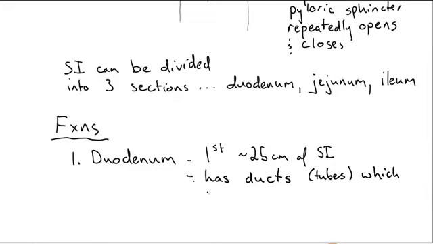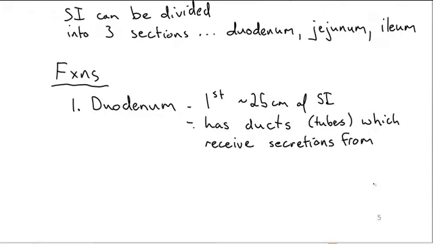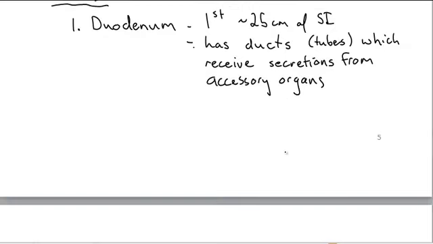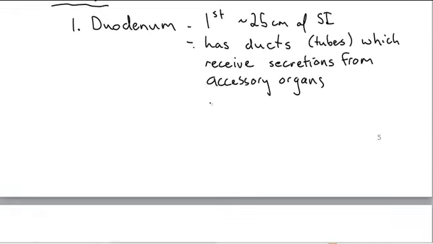Which receive secretions from accessory organs. So we're going to go down here and just list the accessory organs or the secretions it receives.